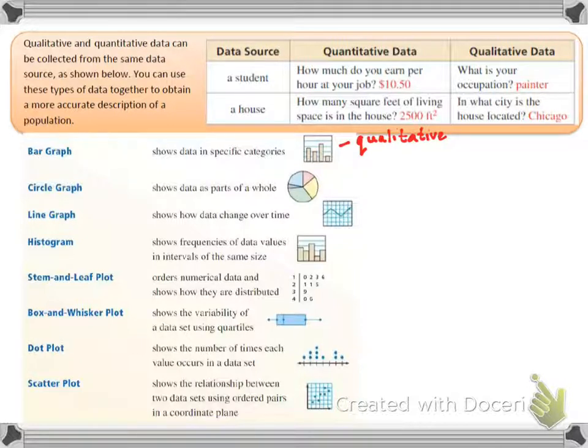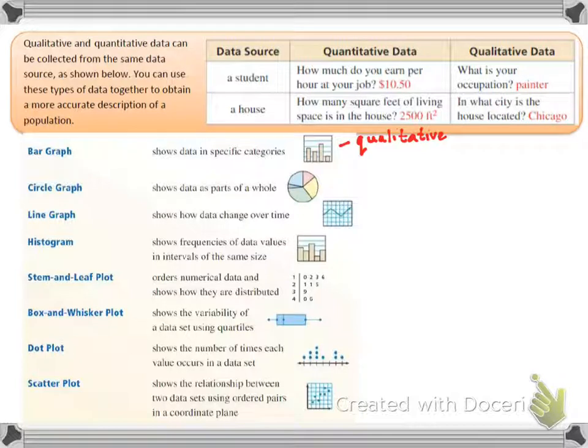Like if I asked everybody what their favorite food was, the first bar might be pizza, another one might be hot dogs, another one might be Italian food. It could all be different measurements, but just because one appears before the other doesn't make it greater. We also can't do anything like skewed or symmetric because it doesn't make sense in that situation.